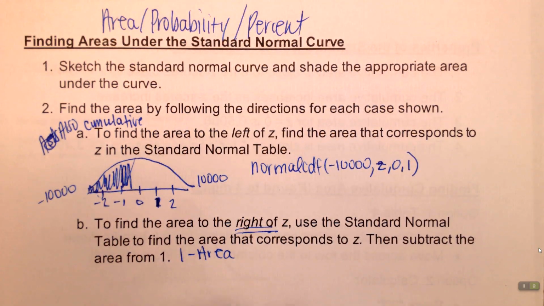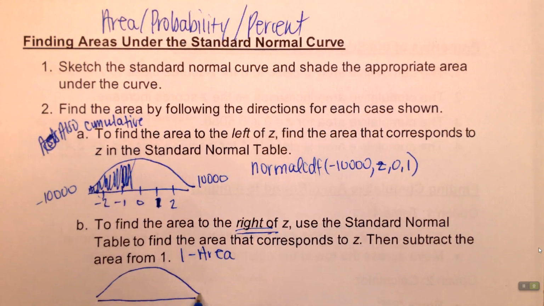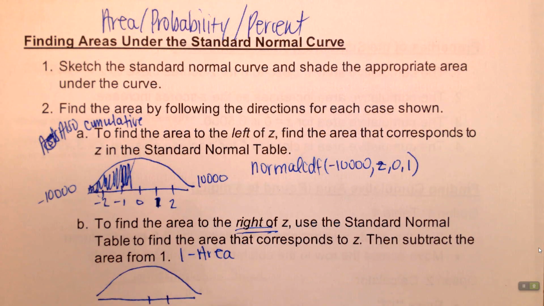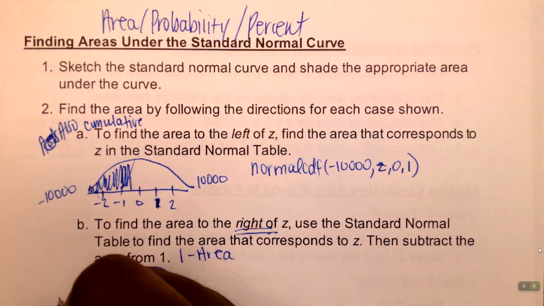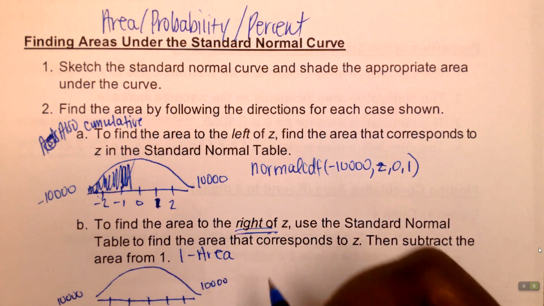When we're shading in, I like to shade just to make sure I know what to put in the calculator. I still have my -10,000 down here and my +10,000 here.